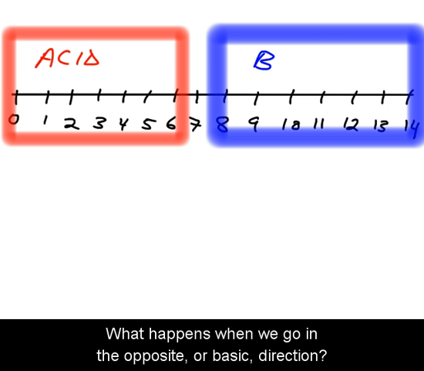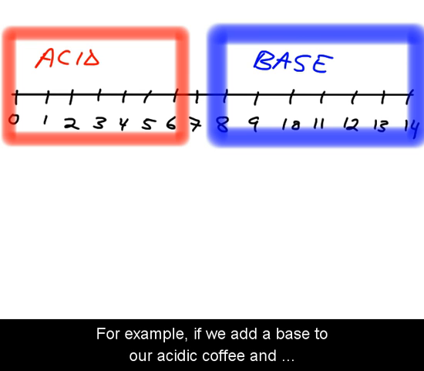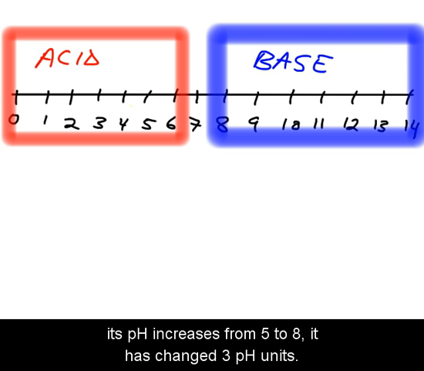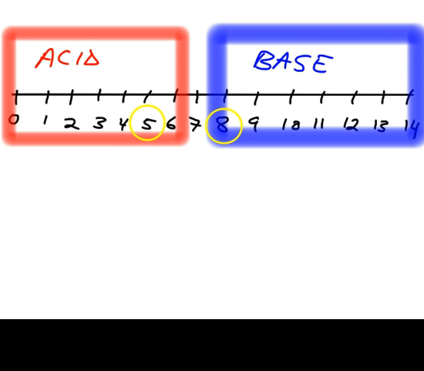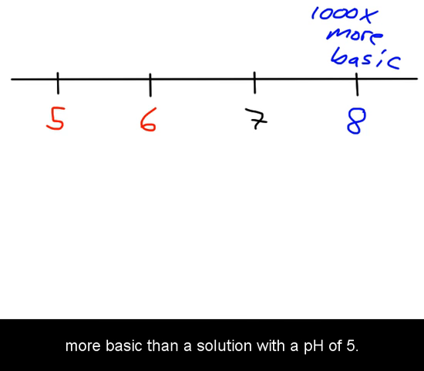What happens when we go in the opposite, or basic, direction? For example, if we add a base to our acidic coffee and its pH increases from 5 to 8, it has changed 3 pH units. This means that a solution with a pH of 8 is 1,000 times more basic than a solution with a pH of 5.